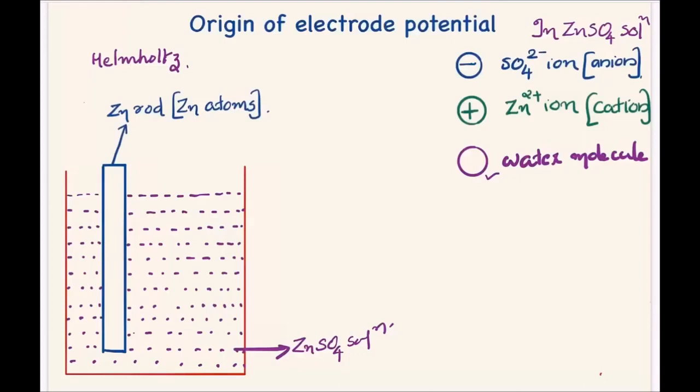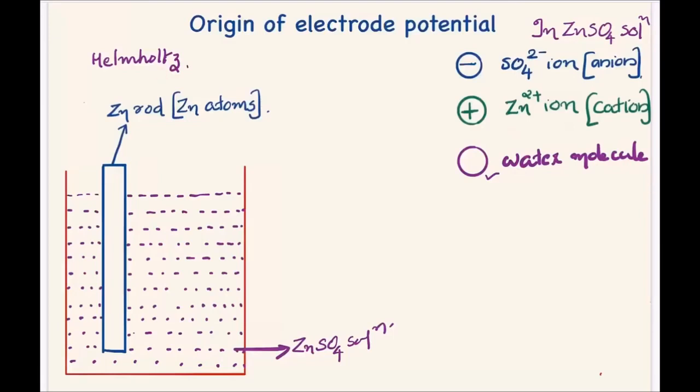Water molecules are also there in the zinc sulfate solution because we prepared it by dissolving zinc sulfate in water. So three types of ions or molecules are present in zinc sulfate solution: sulfate anions, zinc cations, and water molecules.